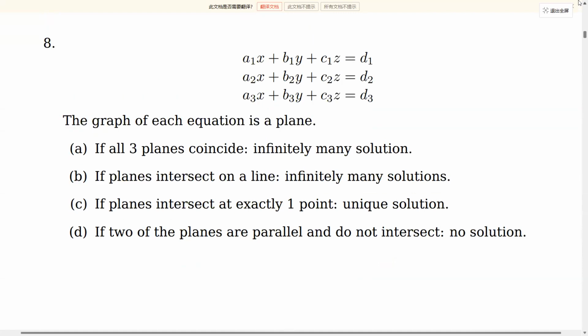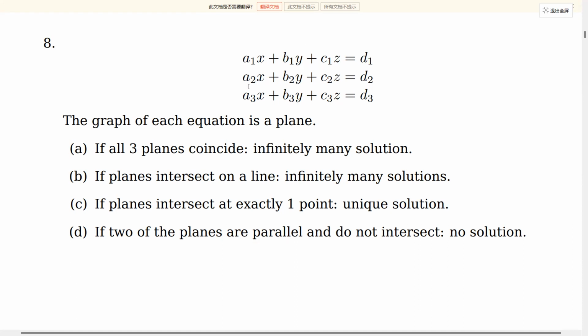Okay. Now, this is a case of two variables with two equations. So suppose now you consider three equations and three variables. Then the geometry becomes a little different because now each equation actually gives you a plane. An equation with three variables, a linear equation, gives you a plane, in three-dimensional space.